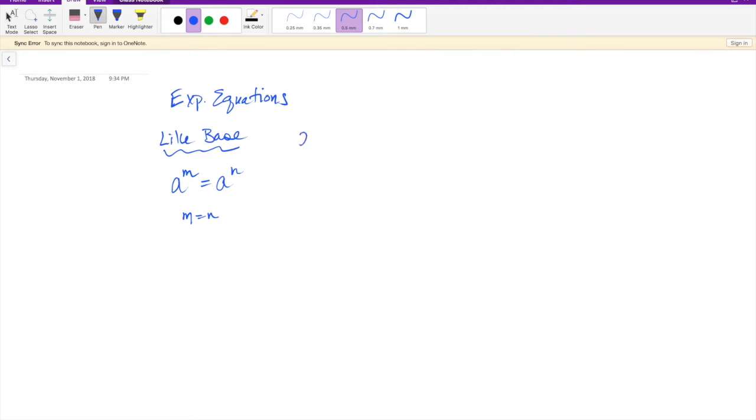So if you had something like 2 squared is equal to 8 to the x. Since you can rewrite 8 with a base of 2, I could say 2 squared is equal to 8 is 2 cubed to the x. So this is 2 squared is equal to 2 to the 3x.